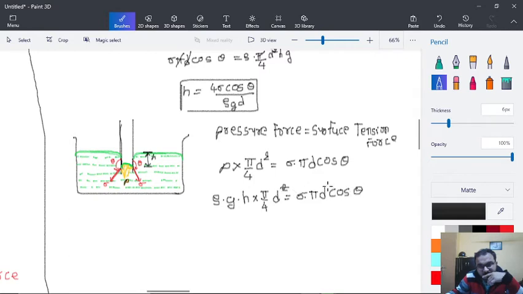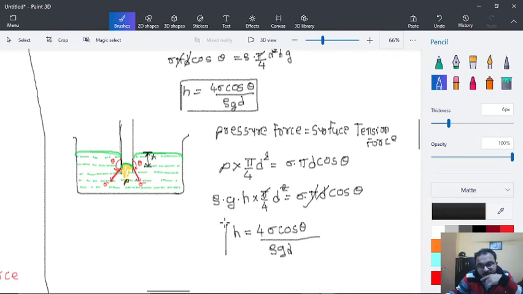So d will get cancelled, pi will go, other things will remain as they are, so h will be equal to 4 sigma cos theta divided by rho g d.